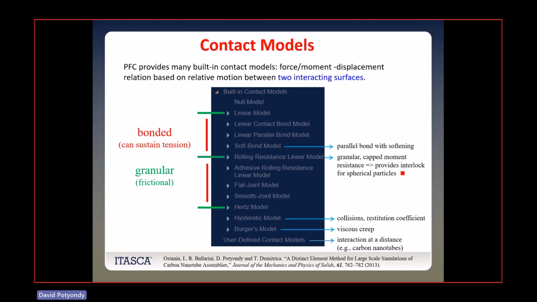Now, because I have a contact, I can start applying forces on the 2 interacting particles. So you can work out for these nanotubes, given the orientation of a certain chunk of one and a certain chunk of the other, what that interaction force is.